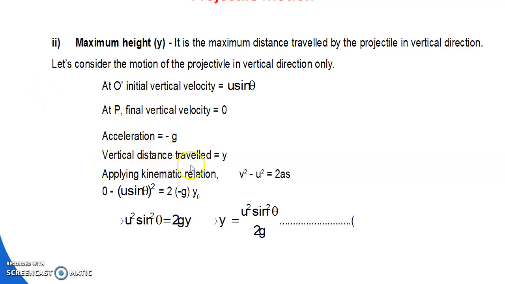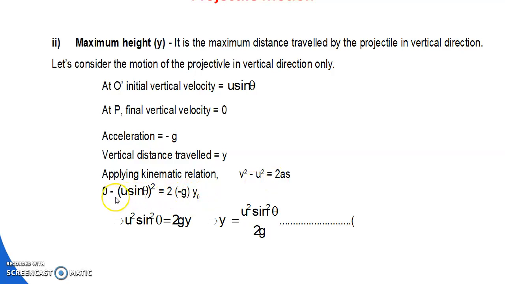Then the vertical distance traveled is y, and we have an equation of motion. Previously we discussed there are 3 equations of motion, and here one equation of motion is v square minus u square is equal to 2as. Putting the values, final velocity is 0, so 0 minus u sin theta whole square is equal to 2 into minus g into y.